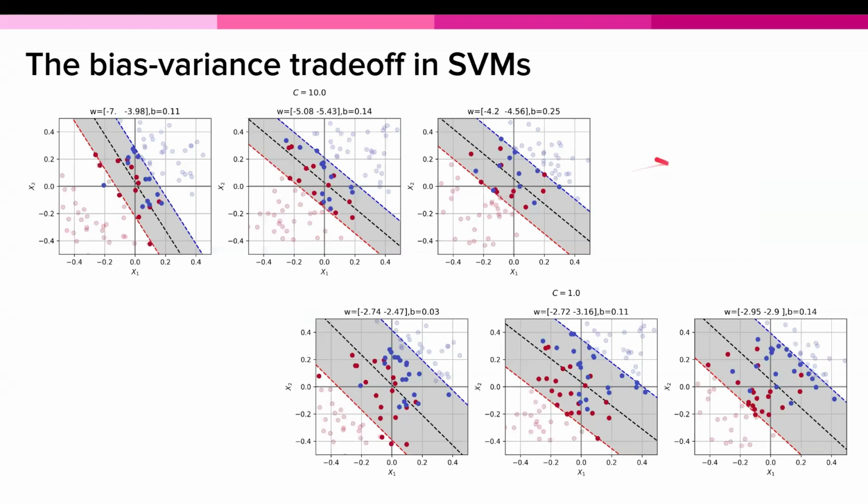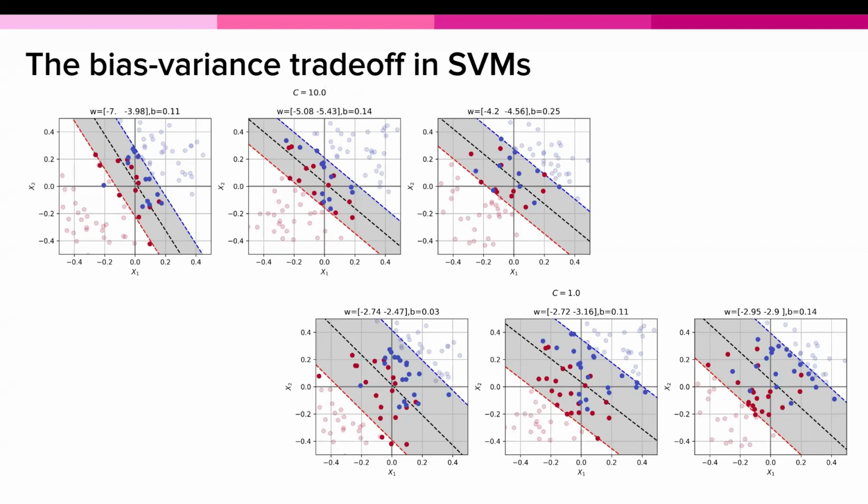And we actually saw variability show up in support vector machines when we played with that hyperparameter C that controls the penalty for margin violations and misclassifications. When C was very large, any one training point could have a huge influence on the decision boundary.